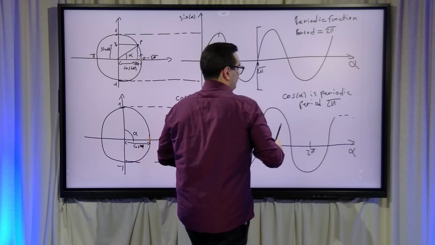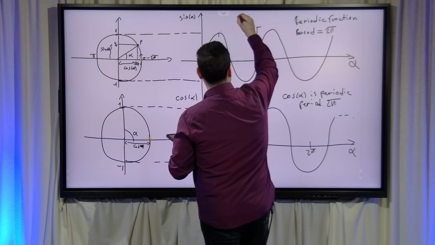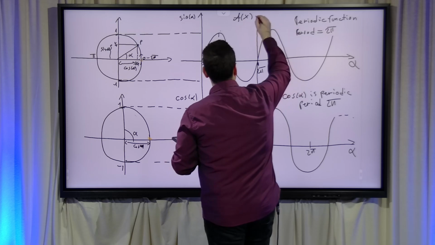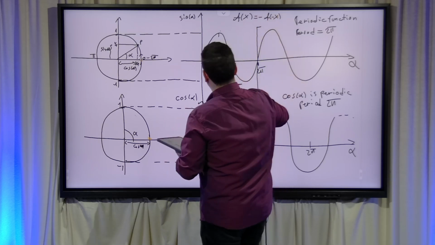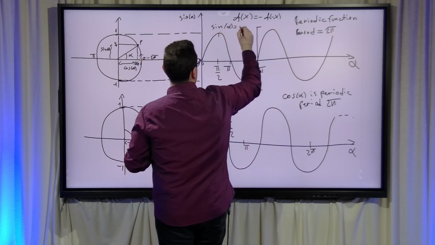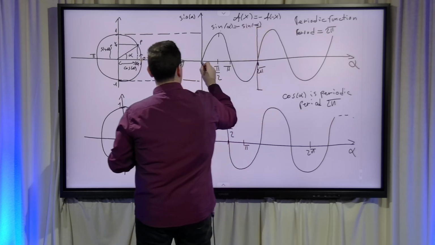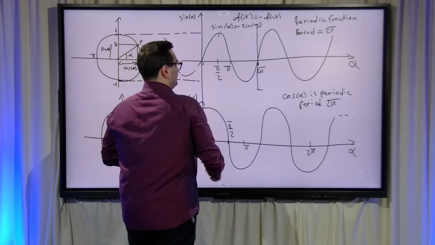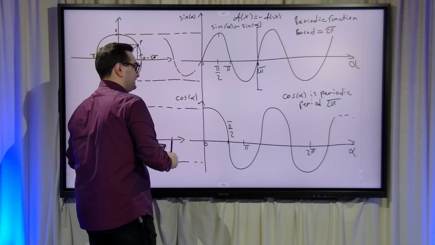The sine function is an odd function because f of x is equal to minus f of minus x. So sine of alpha is equal to minus sine of minus alpha. So what I'm saying is that the sine function is antisymmetric.